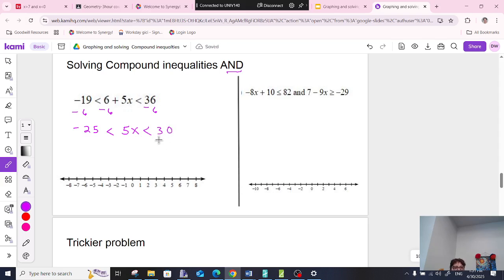Now I'm going to go ahead and divide everything by 5. I get -5, x, and 6. So x has to be in between -5 and 6 because it's an and statement. So -5 open circle, I go to 6 open circle, and it's in between.